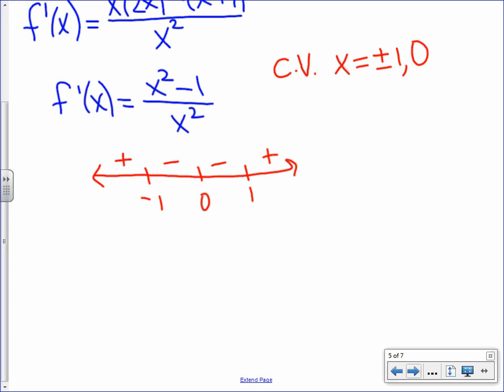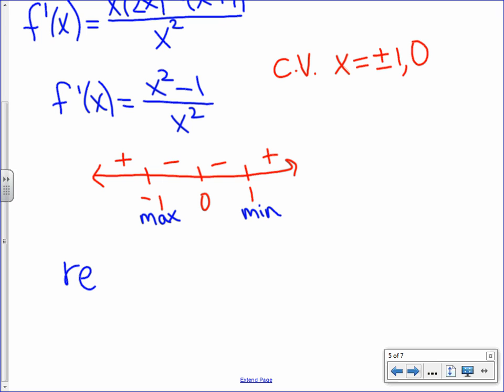Okay, let's talk about what this means. X is -1 is a maximum.